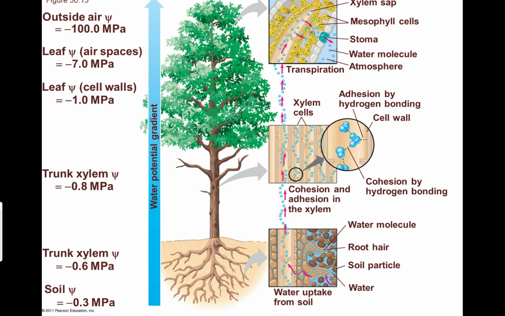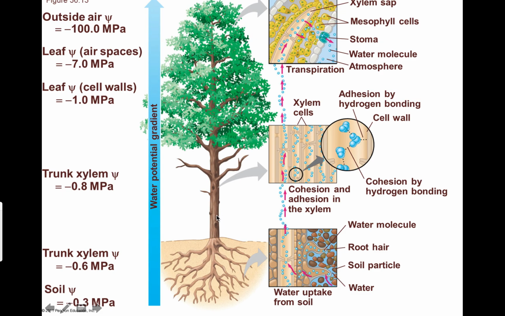And you can see that in this picture, where the water enters the roots. Here's that root pressure. Water enters the roots and starts to move up the xylem, maybe through capillarity, but that only works for up to about 4 feet.